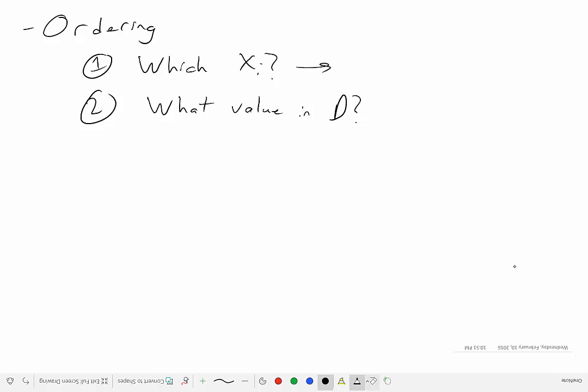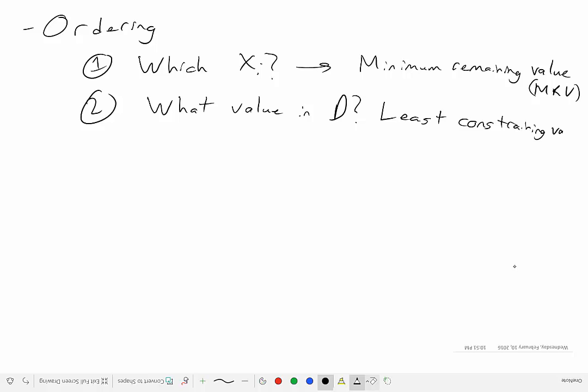And for dealing with the variables, we have something called the minimum remaining value, and this is MRV, is the acronym. And then for dealing with which value in the domain should you choose, we have least constraining value, which is LCV.